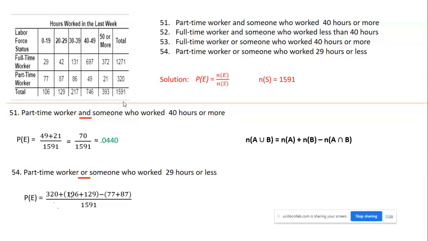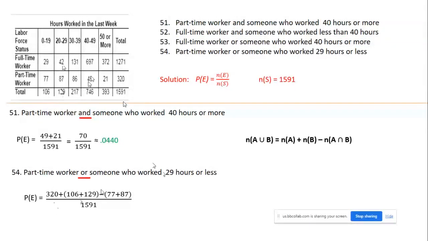We're going to add that to someone who worked 29 hours or less. So here, 29 hours would be the 129, and less than that is also the 106. So that's 29 hours or less.